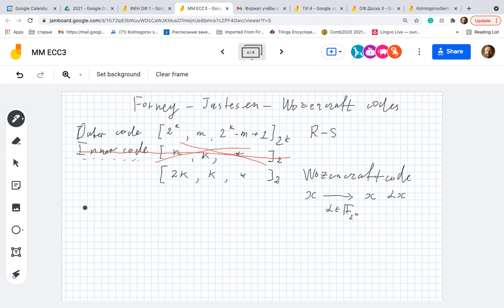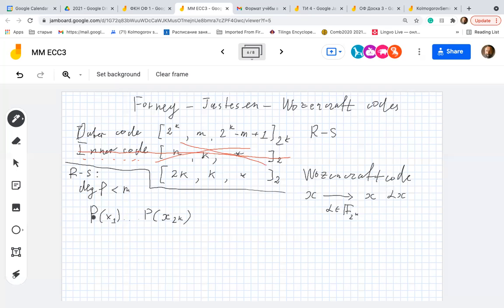The code words of the outer code are sequences of values. The messages are polynomials of degree less than m. So this is the outer code, the Reed-Solomon code. The messages are polynomials, and the code words are values of those polynomials at all different elements of the field of 2 to the k elements.